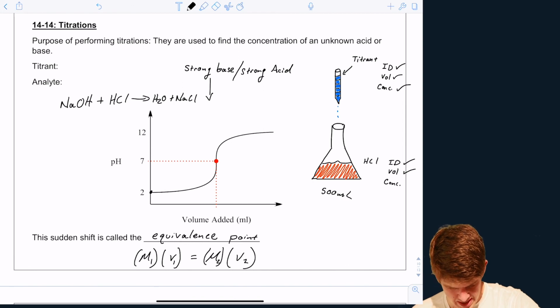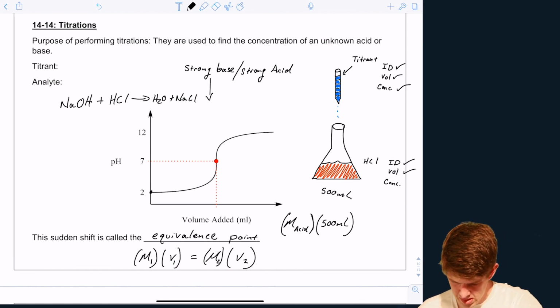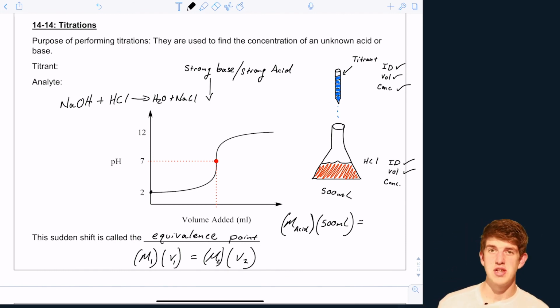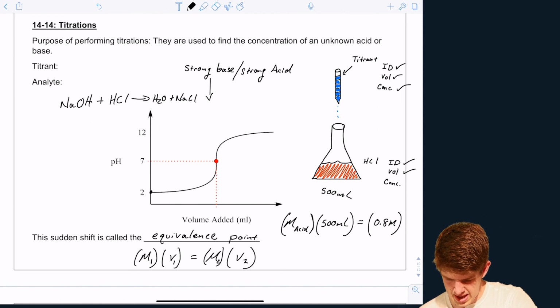Let's say that M1V1 is the acid, so the concentration of acid, which is unknown, and the volume is 500 milliliters. And then we know our concentration of NaOH. Let's just say the concentration of NaOH is 0.8 moles per liter.